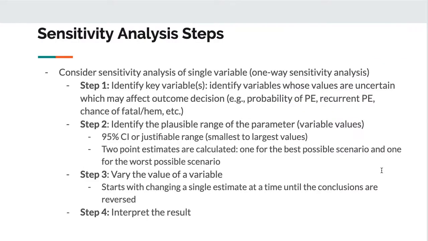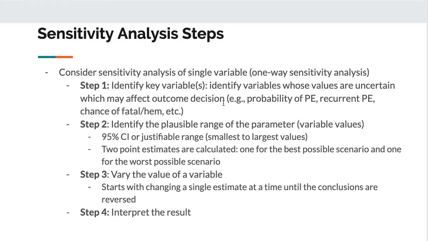All right, so what are the steps we need to do for the sensitivity analysis? Consider sensitivity analysis of a single variable, or one-way sensitivity analysis. The other analyses, two-way and n-way, are performed in the same manner. Step number one, identify the key variables: the variables whose values are uncertain and which may affect the outcome decision.